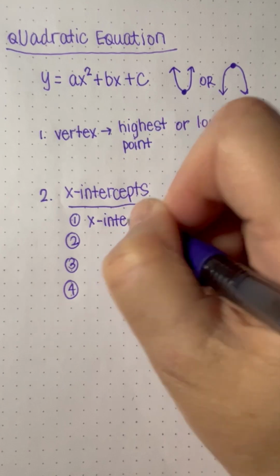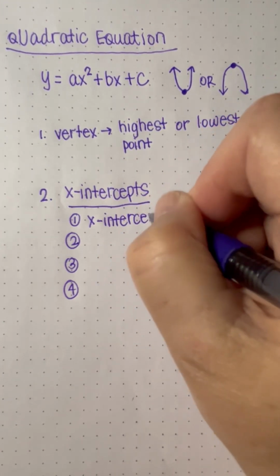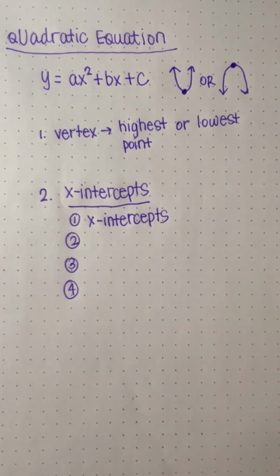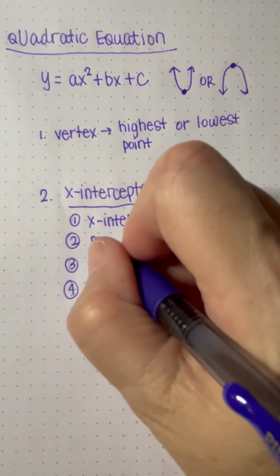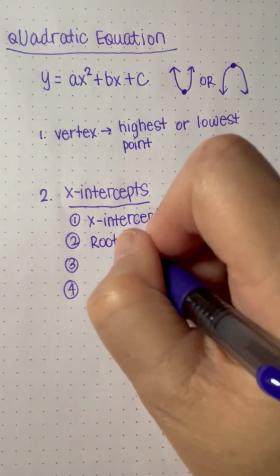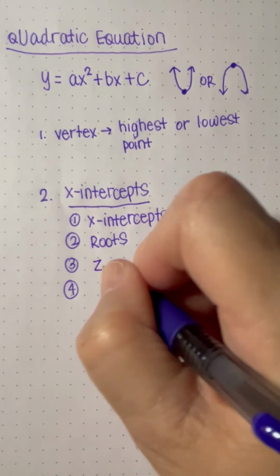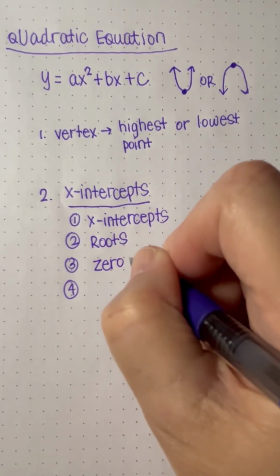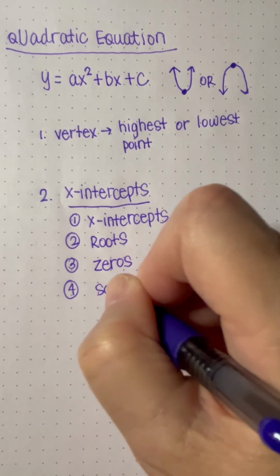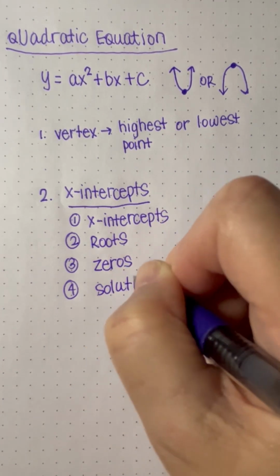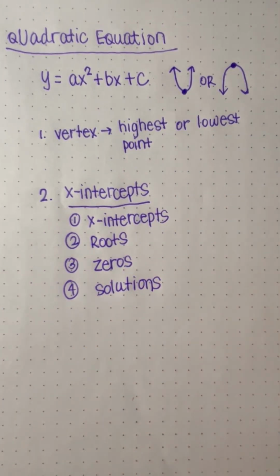They can ask you what are the x-intercepts. And then the other 3 are not quite as obvious. They can ask you for the roots, for the zeros, and for the solutions. So all of those words mean what are the x-intercepts. So those are all different ways to say the same thing.